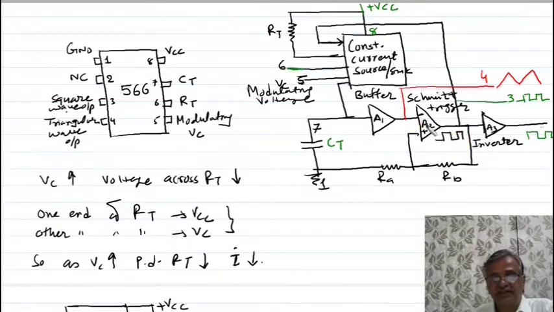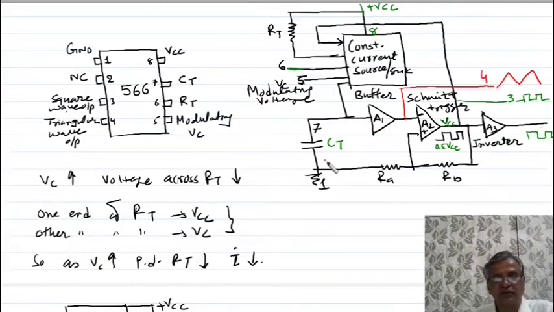The Schmitt trigger is designed in such a way that the output of the square wave is between VCC and 0.5 VCC. So the high voltage of the Schmitt trigger is VCC and the low voltage is 0.5 VCC. The charging and discharging of the capacitor produces the triangle waveform.